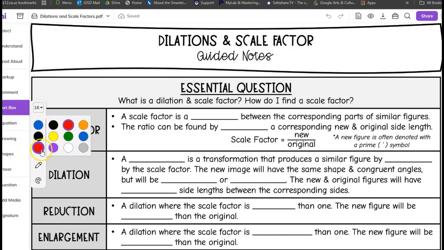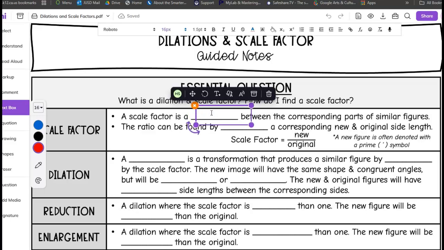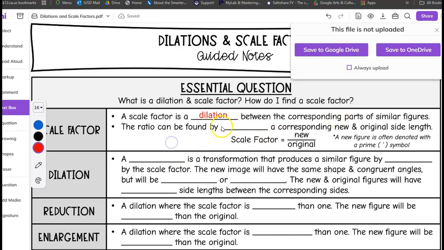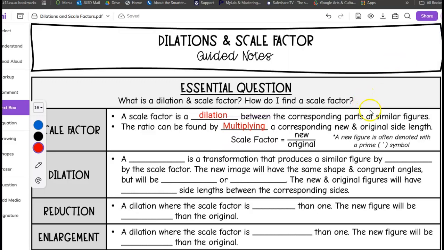Okay, we're going to start. I'm going to use red so you guys can see. A scale factor is a ratio between the corresponding parts of similar figures. The ratio can be found by dividing a corresponding new and original side length. So we find scale factor by doing new divided by original, but we're not going to put new and original.